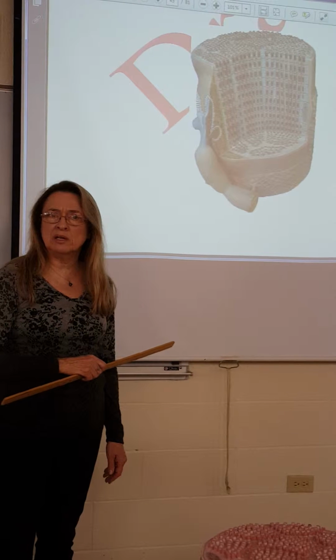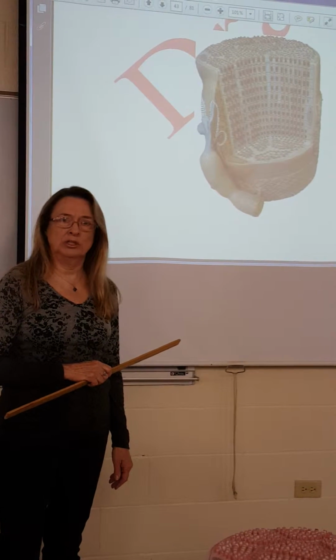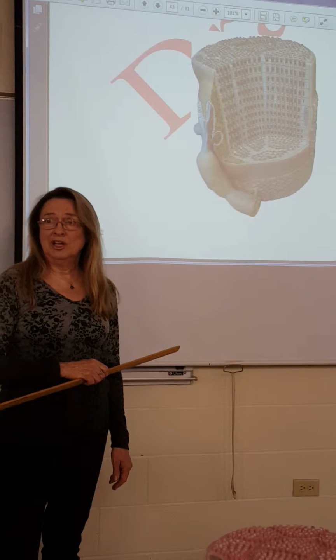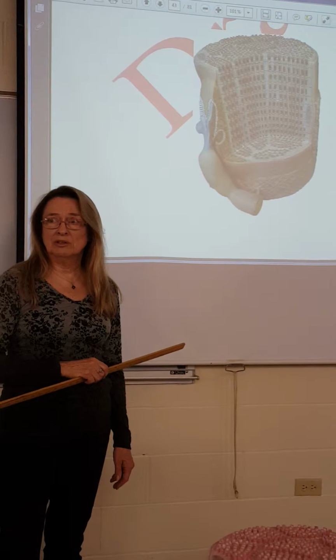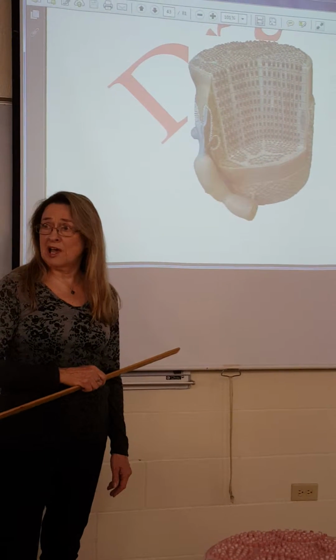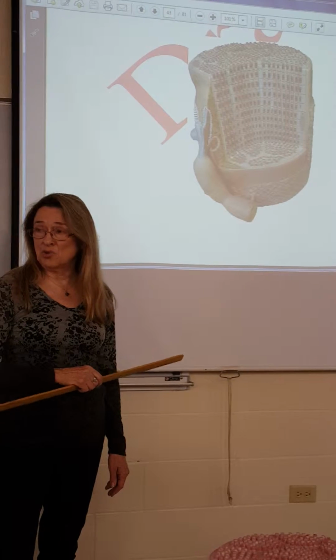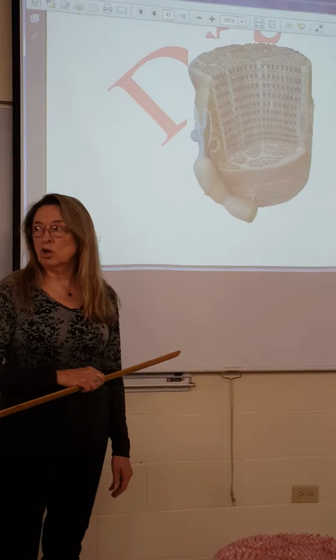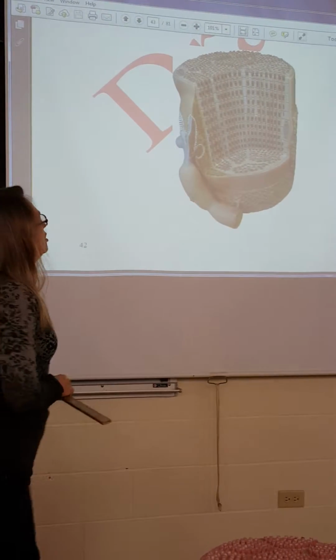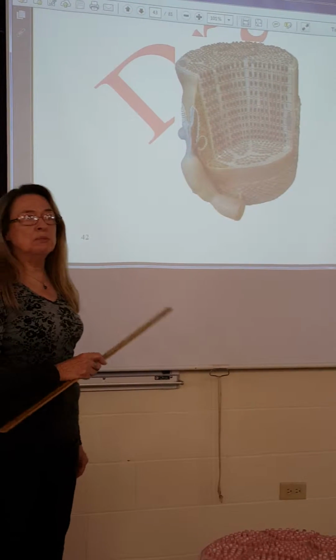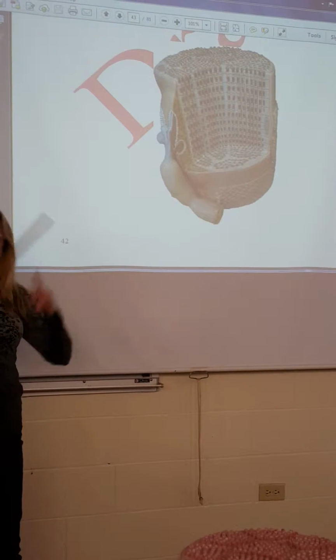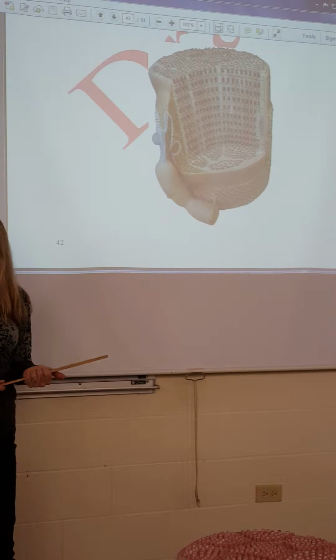Did I tell you what it meant? It means flesh. So, if you consume flesh of a chicken or a cow or a pig, are you eating meat? Are you eating muscle? Sarco means flesh, okay? So the sarcolemma is the plasma membrane covering, defining the margins of the muscle fiber.